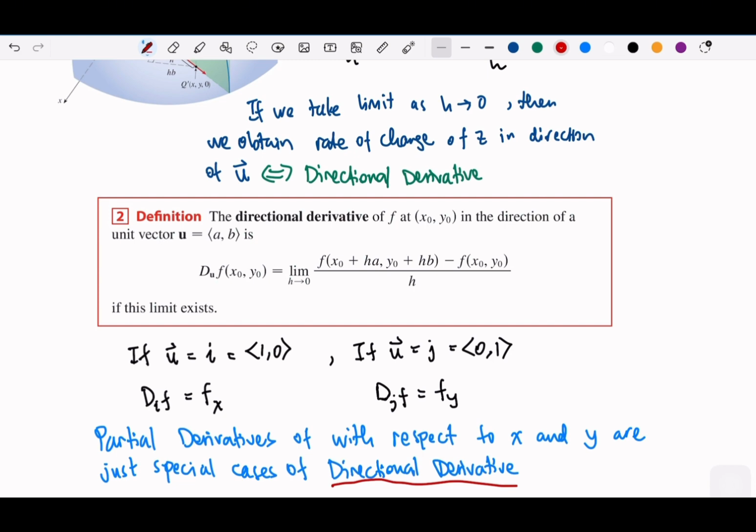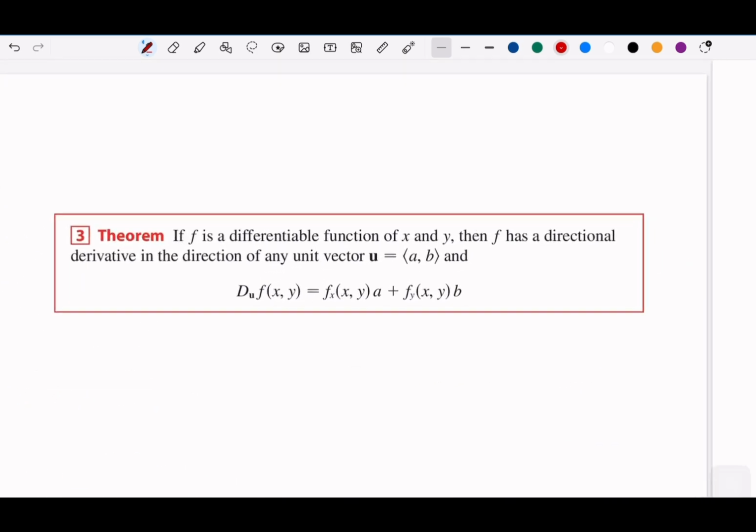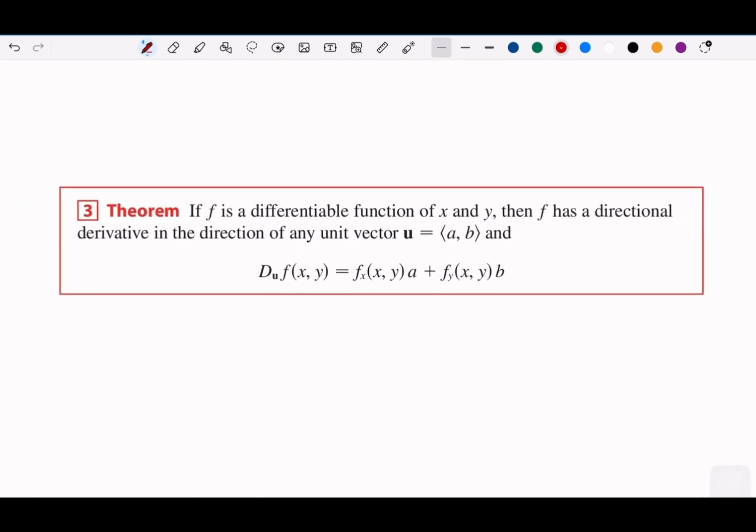In practicality, of course, the limit will not be practical. In practicality, this means that for the directional derivative, if we have this vector u, or unit vector u, we are going to have each one of the partial x and y multiplied with each component of this vector.